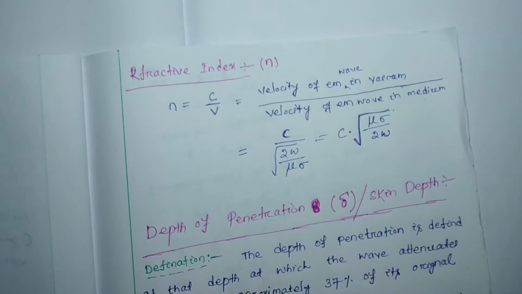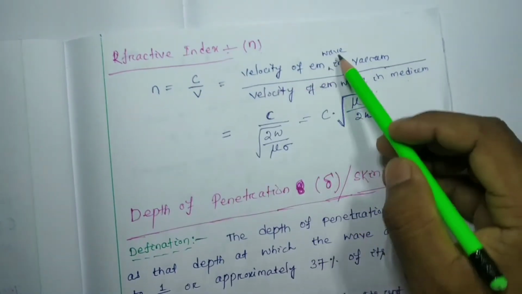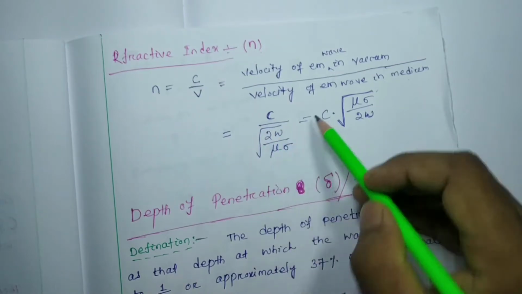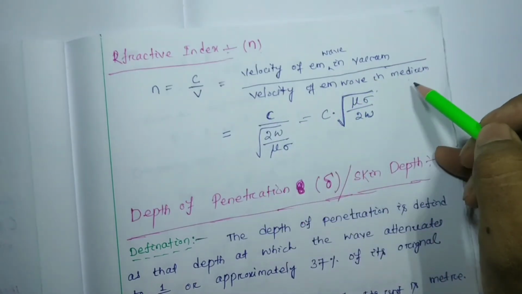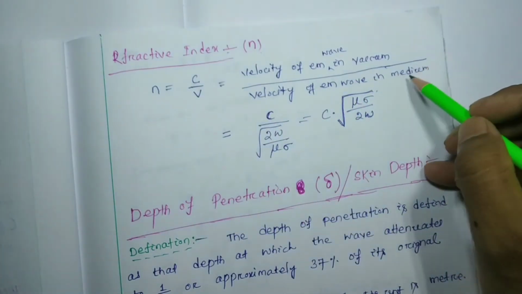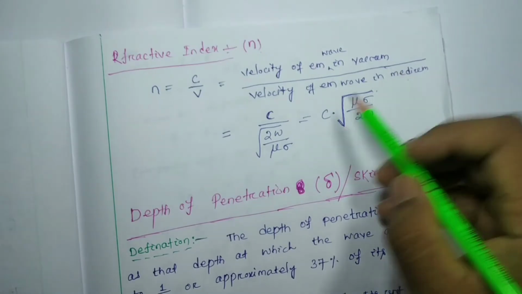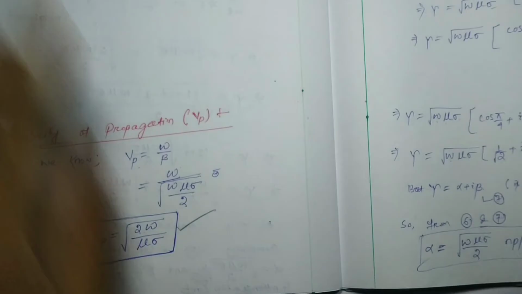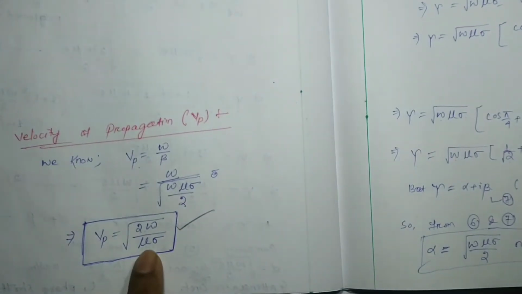The velocity of wave in vacuum we know is c, the speed of light, divided by the velocity in the medium. Here we consider the medium as a conducting medium, so for the velocity of the electromagnetic wave we put the square root of 2 omega by mu sigma.